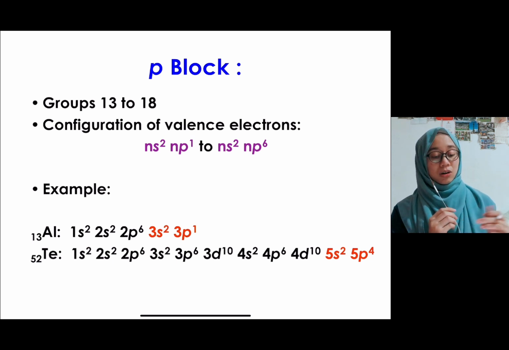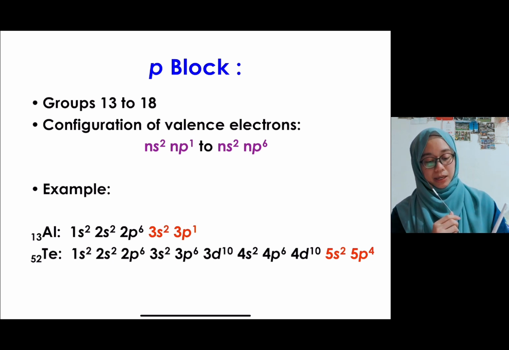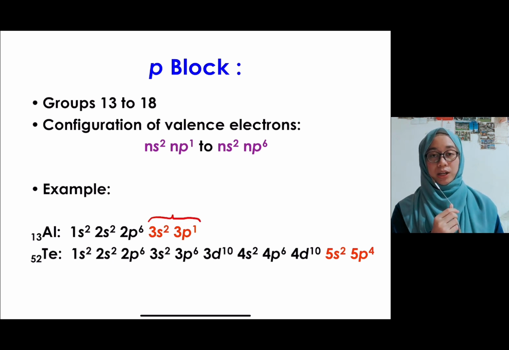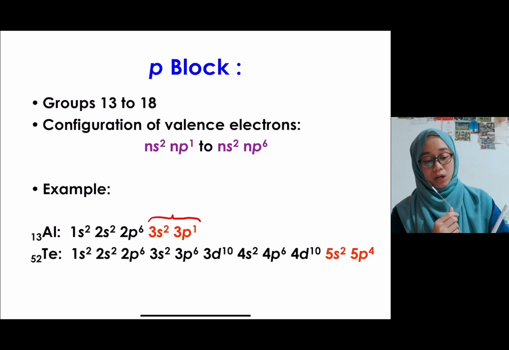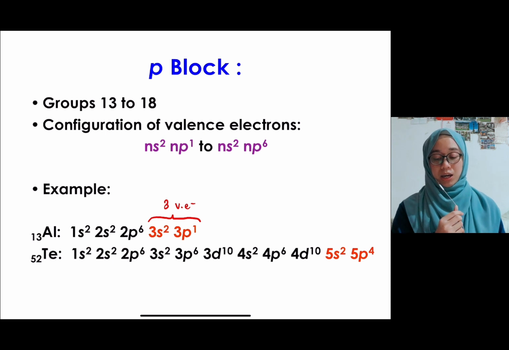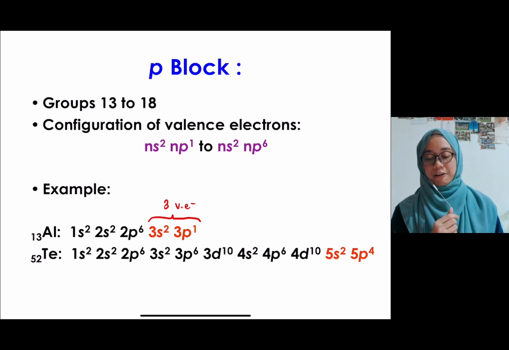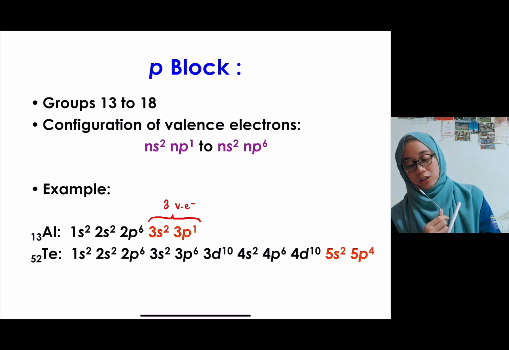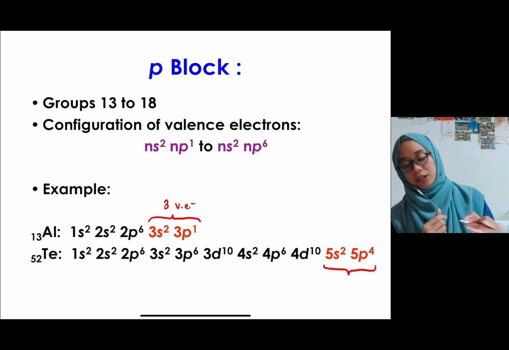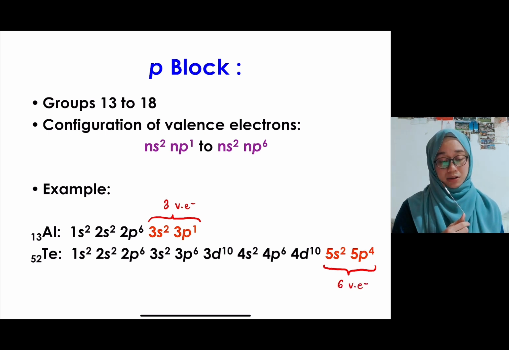Okay, so for aluminium, basically for the valence electrons we must include those in 3s and 3p. So 2 plus 1 is 3 valence electrons. Okay, for tellurium, the last ones we have are 5s2, 5p4, right? So the number of valence electrons is 2 plus 4, which is 6. So 6 valence electrons.